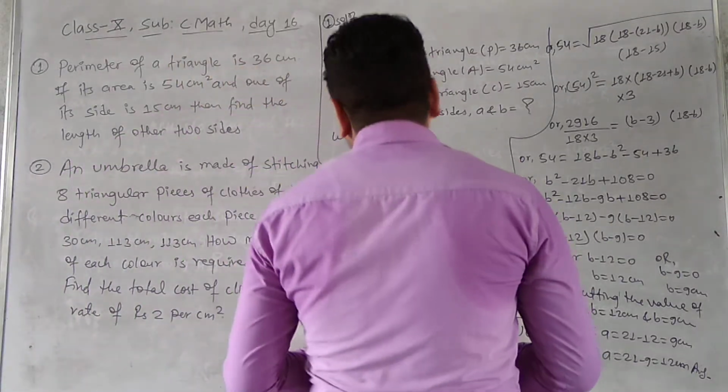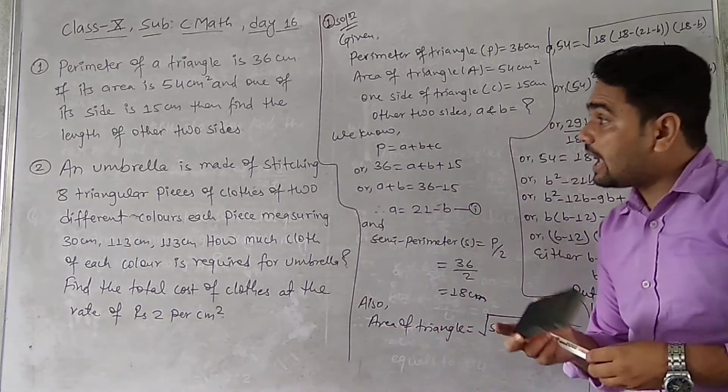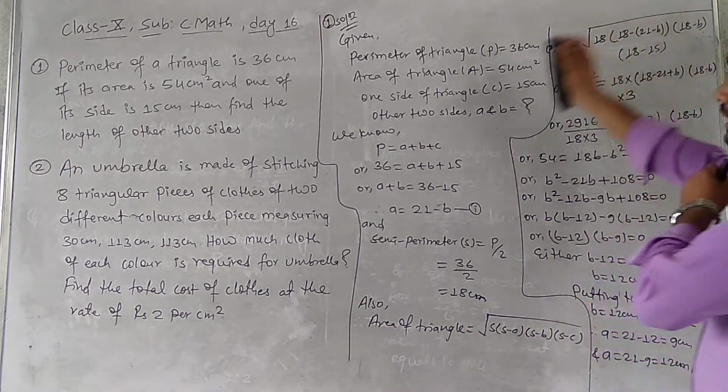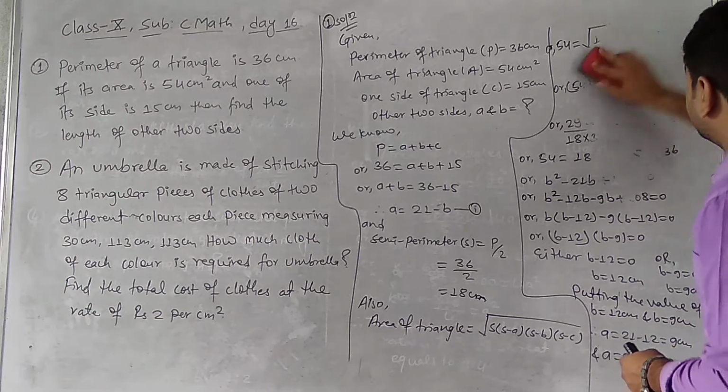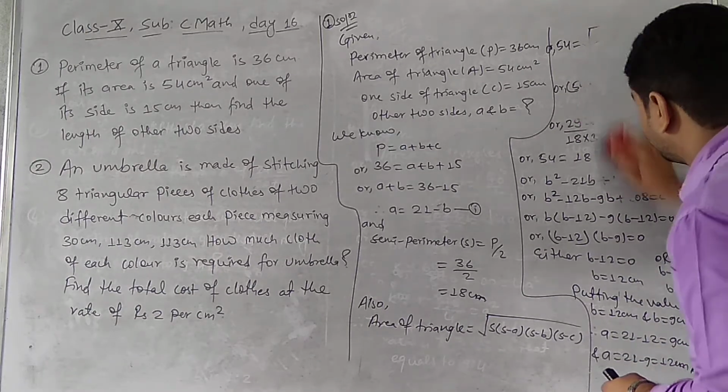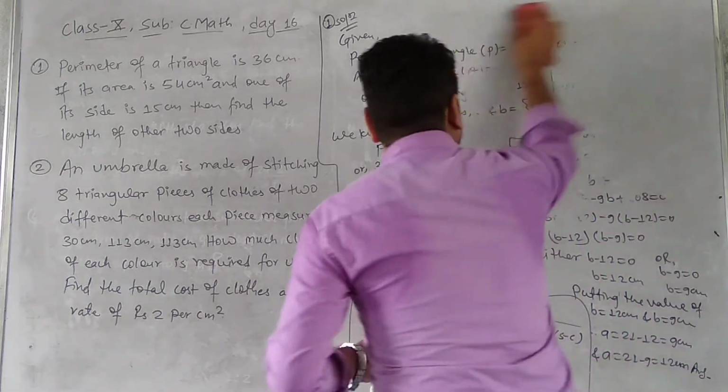Similarly, we are going to do question number 2. Yes. And question number 2, look, it is in the form of the umbrella one, and it is important for the exam point of view. For the long question, it is going to appear.